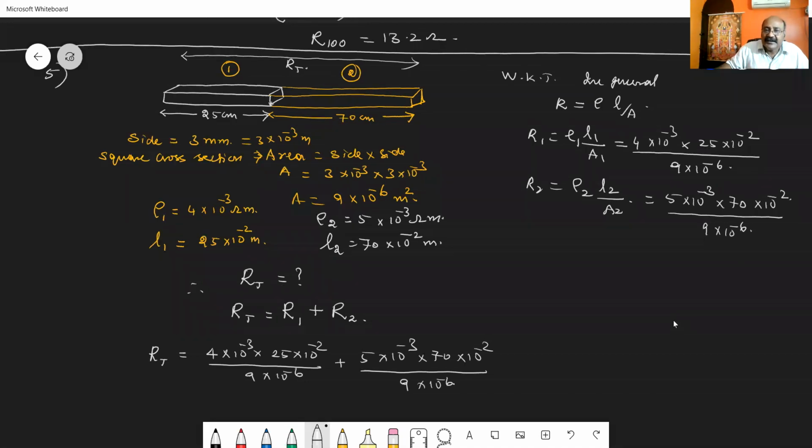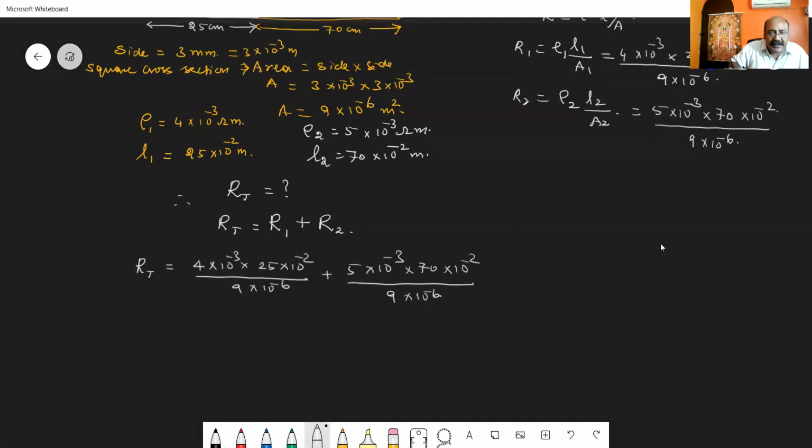Common, RT equal to, see here 10 power minus 3, 10 power minus 2, 10 power minus 5. Here also 10 power minus 5. So I am taking 10 power minus 5 out, and here both 9 into 10 power minus 6 can be taken as common. So here 25 into 4 I can get as 100, plus here 70 into 5 I will get 350.